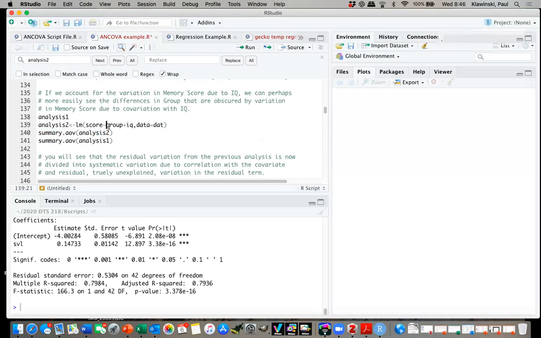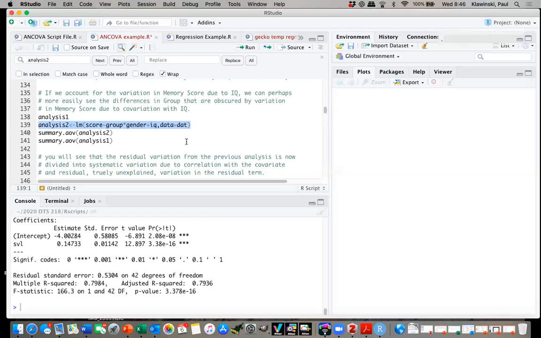So this is the analysis of covariance. It is having group and IQ, but you could also just as easily have a second categorical variable in there, both of which potentially vary with IQ. And so this would be the type of syntax you would use to do the analysis of covariance.